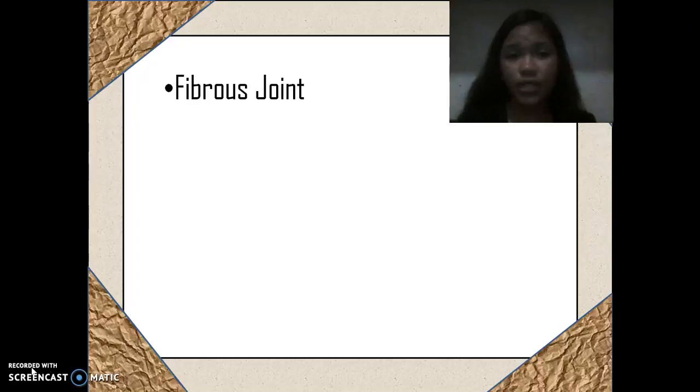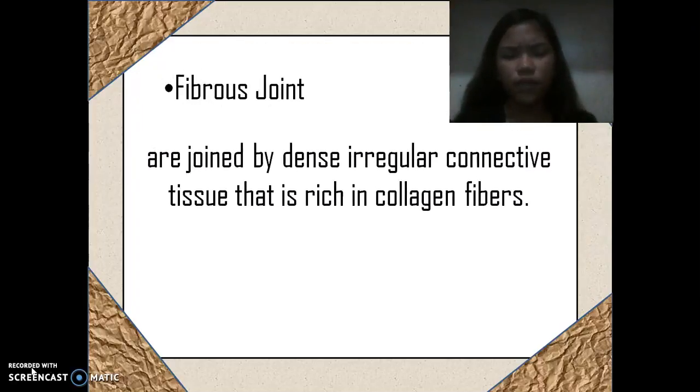The last one is the fibrous joint. Fibrous joints are joined by dense irregular connective tissue that is rich in collagen. Fibrous joints are connections between bones that are held together by fibrous connective tissue that includes much collagen.